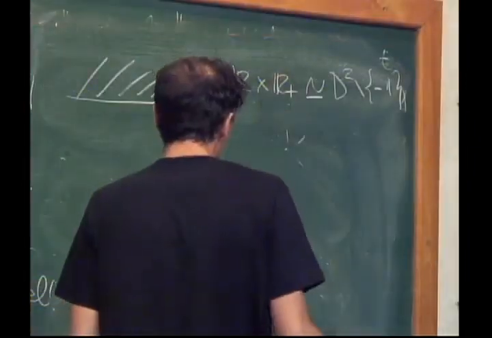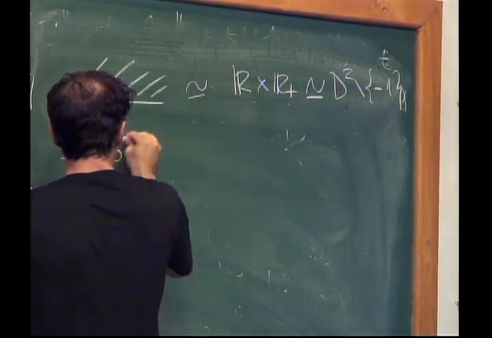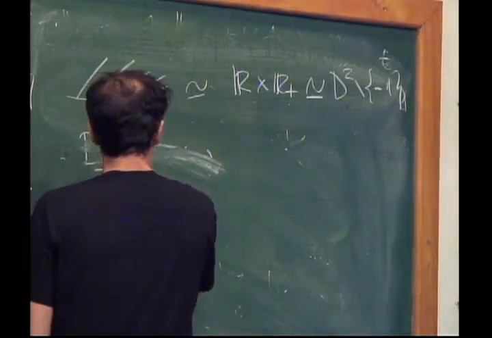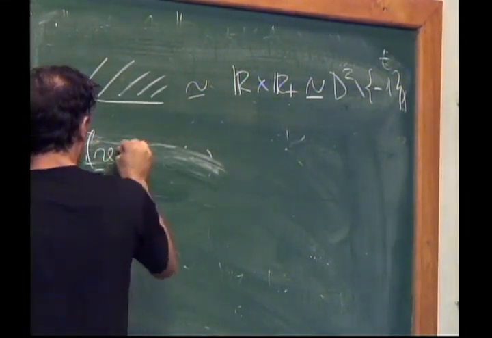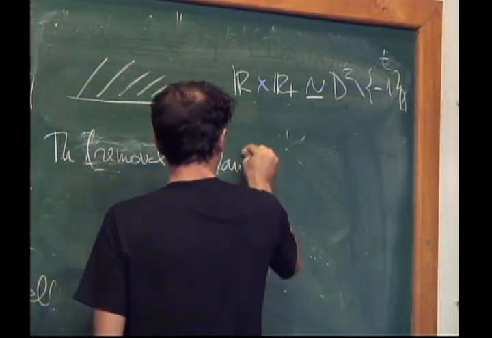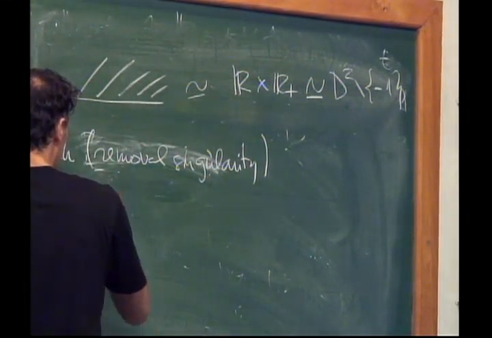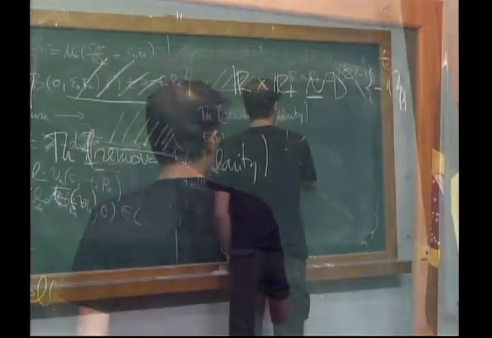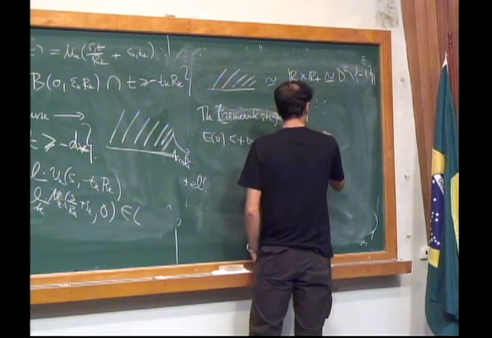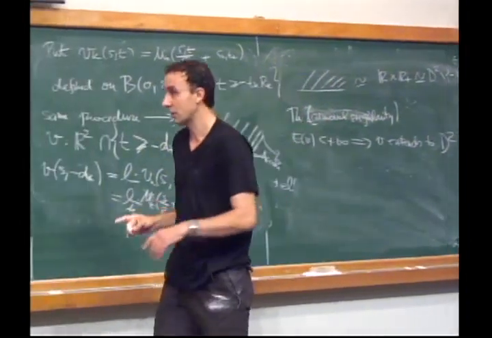And then the analog proposition, this was the theorem of removal of singularity, says that if the energy is finite, then V extends to D2.